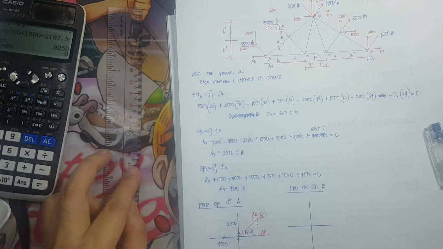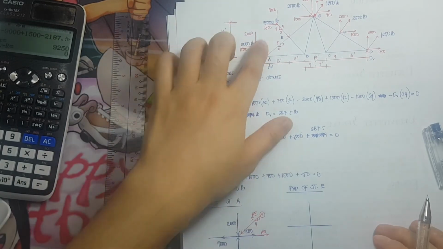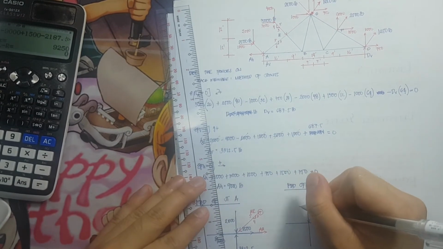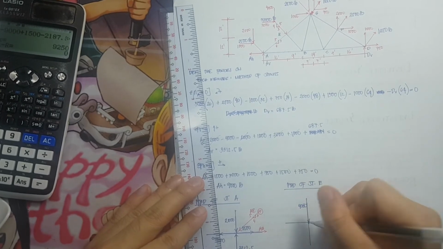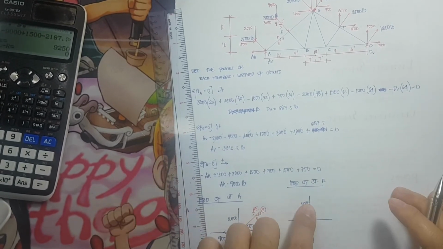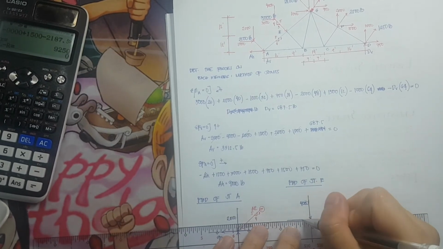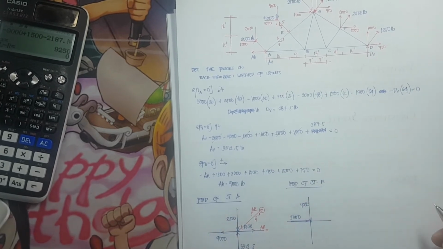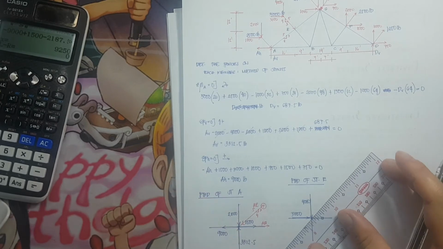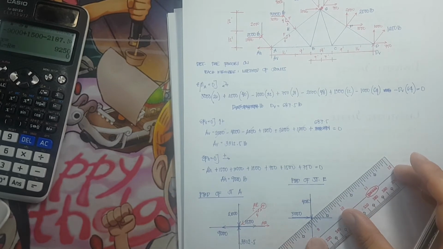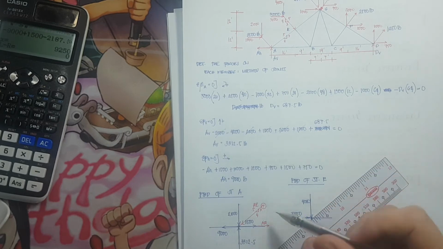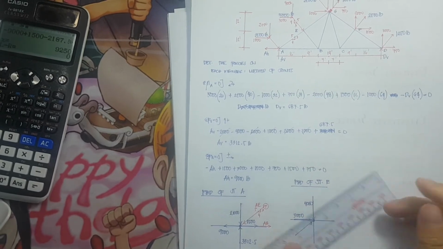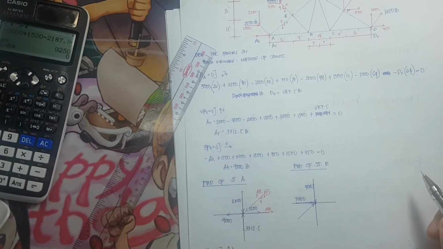We have a downward force of 4,000. Then we have a horizontal force of 3,000. Next, we have AE. What is AE? It is in compression. So, kung dito pababa, dito pataas. Okay? So, this is 2,000 AE.